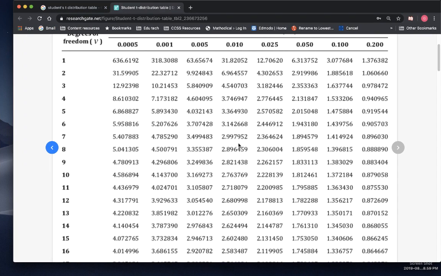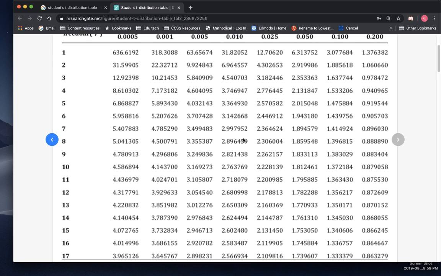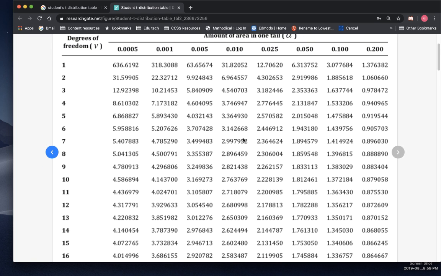One such table is in the very back of your book, and probably most stat books have a t table in the back. It's very similar to your z-score table, so if you're comfortable with that, you should be comfortable with this table, although there are some differences. It's not as detailed in what values of z you can have, and it also has this extra degrees of freedom variable.